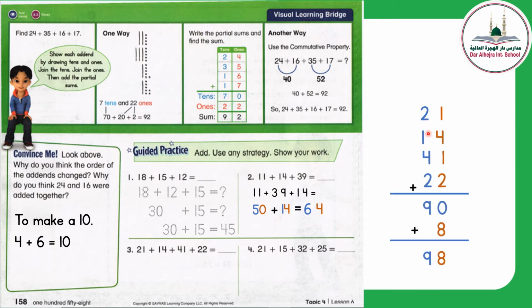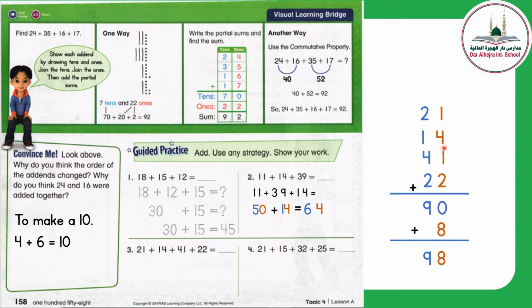Here, 21, 14, 41, 22. Now, all I need to do is add all the tens first together, like here 2 and 1, 3, 3 and 4 makes 7, 7 and 2 makes 9, and 9 in tens place means 90. So I'll be writing here 90.